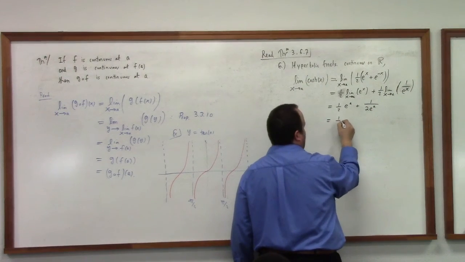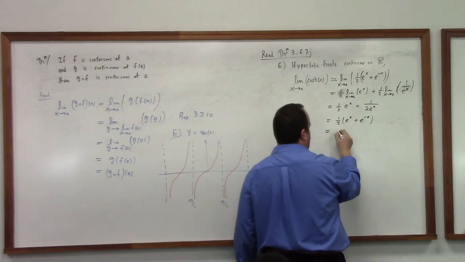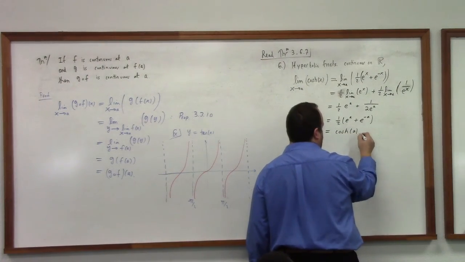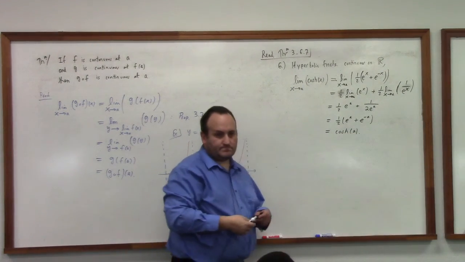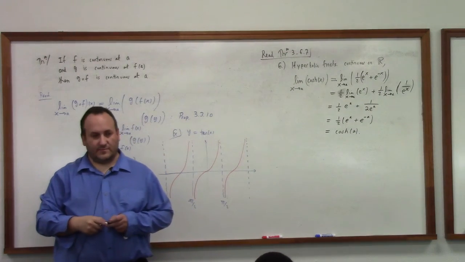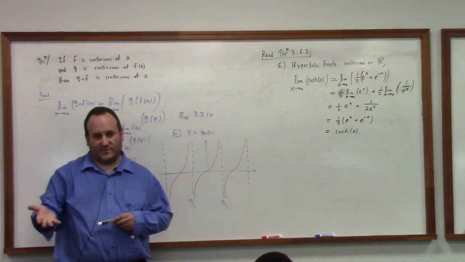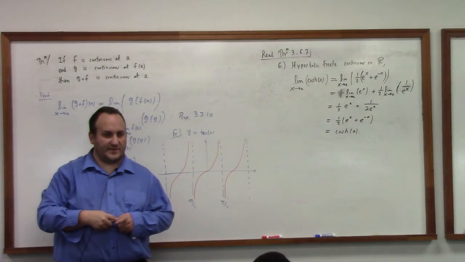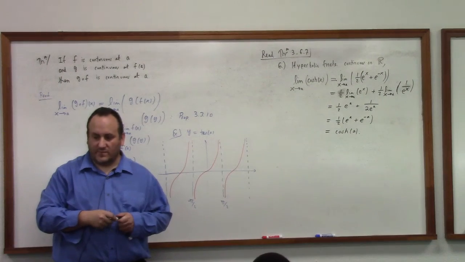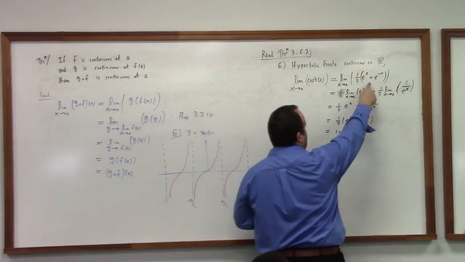But then putting things back together, we have just what you told me, cosh of a. All right, and what would the proof for sinh look like? Almost the same. It's just instead of having a plus, you have a minus for the hyperbolic sine.